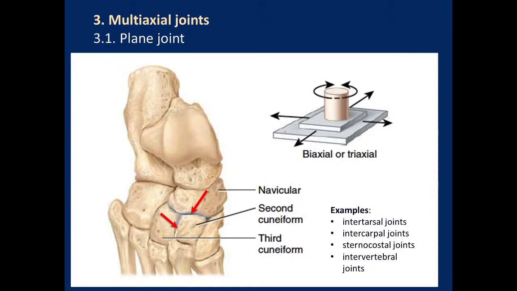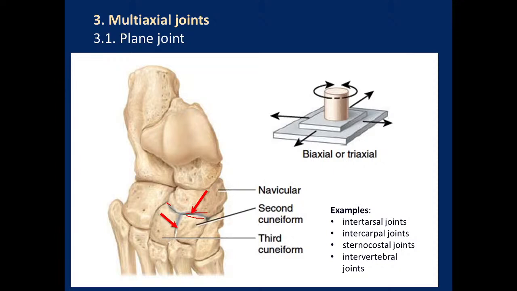In plane joints we see three axes of movement, and this type of joint is very common in foot or palm joints, where flat surfaces of one bone contact flat surfaces of another bone.